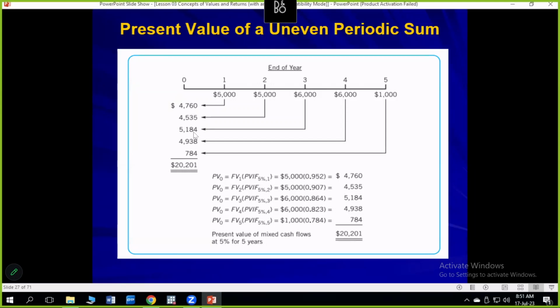Even though you made a mistake on one and the others are right, say out of 5 years you made a mistake on one calculation, the total would also be wrong. We don't distribute marks to the individual calculations. We provide the whole marks: if it's 10 marks, the 10 marks would go to the total.